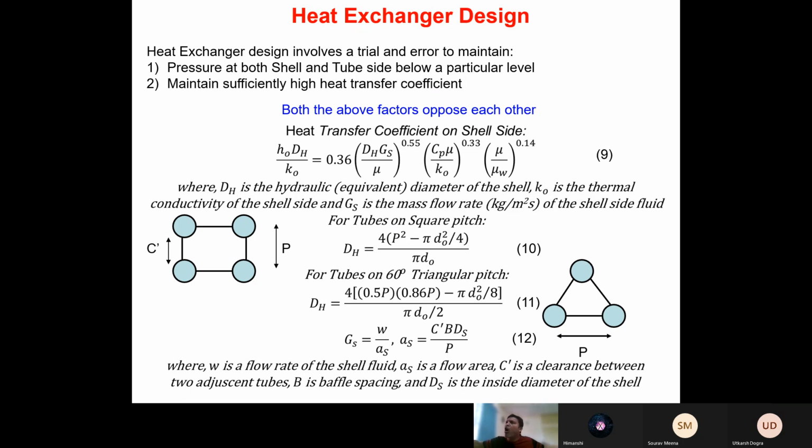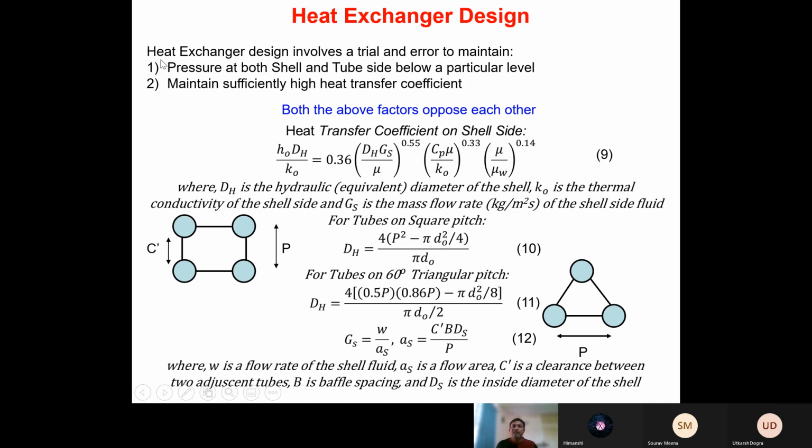Instead of a long heat exchanger, you get a compact one, but that leads to a higher pressure drop. So there is trial and error in this entire design procedure, because if you make more passes, the pressure at both shell and tube side increases. If you increase the number of passes, it definitely increases the heat transfer coefficient.